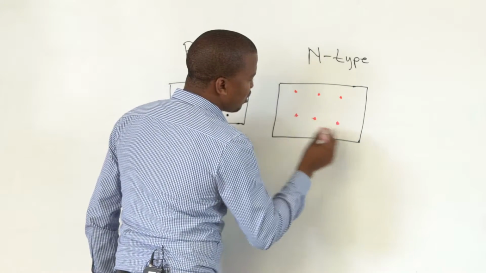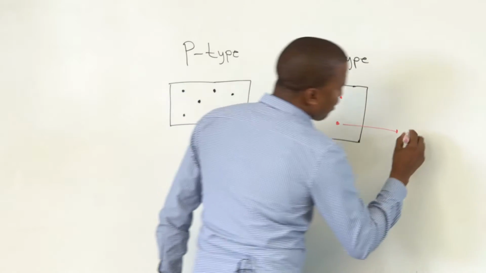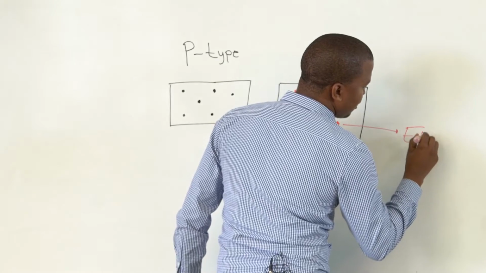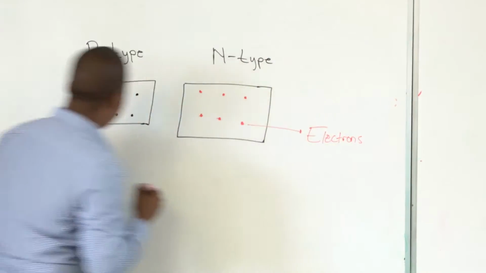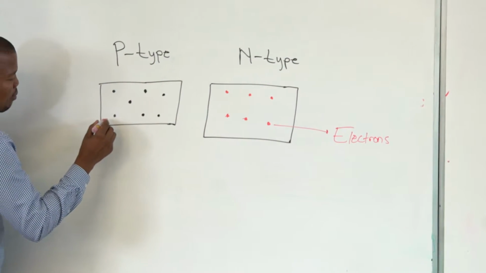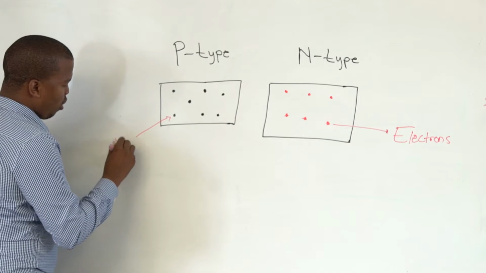The red dots will represent electrons. And the black dots will represent holes.